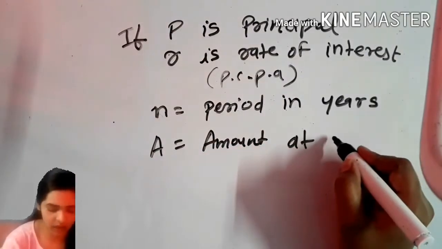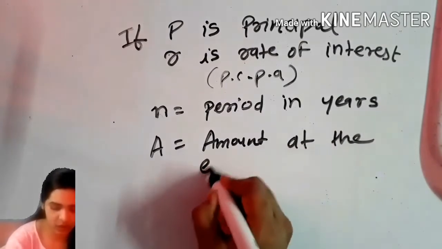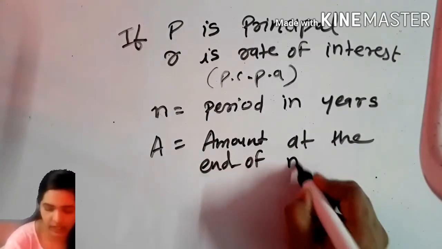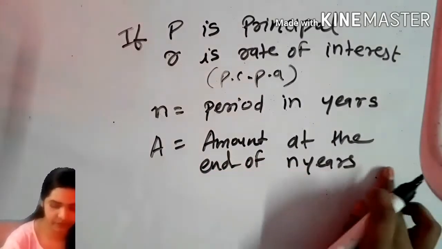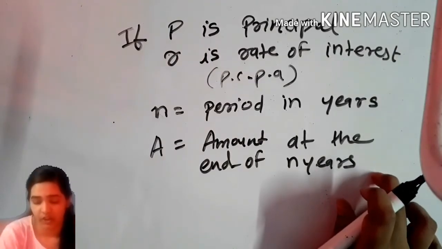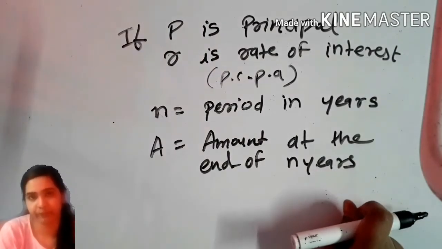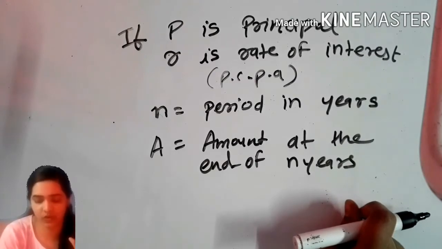A represents the amount at the end of n years, the amount which we are going to have after n years of investment.